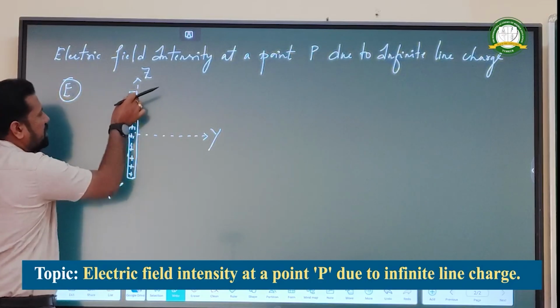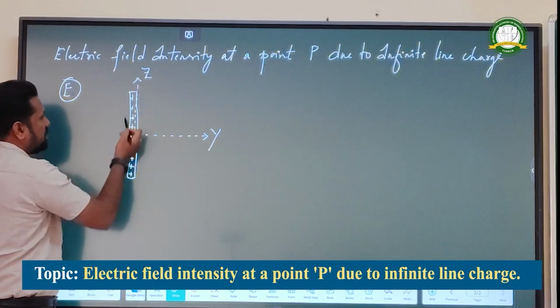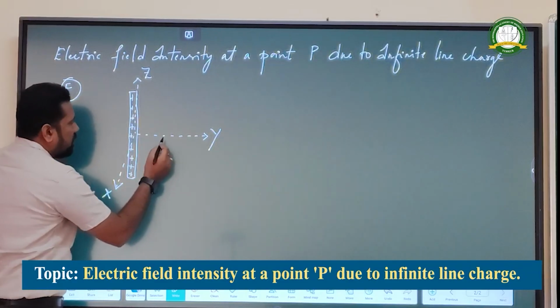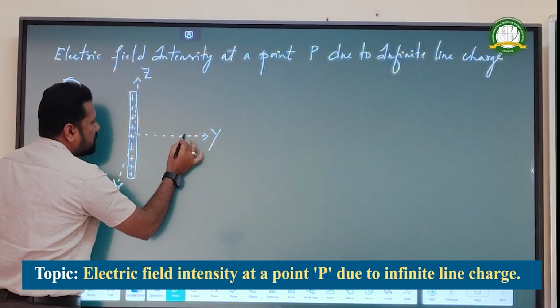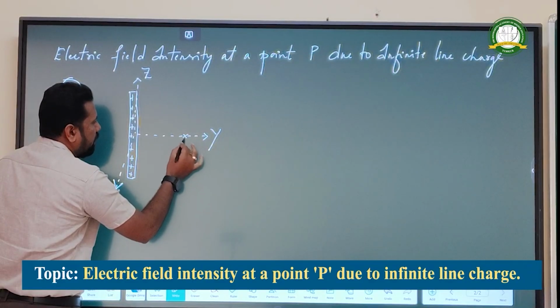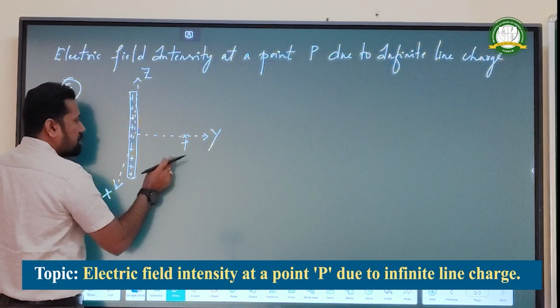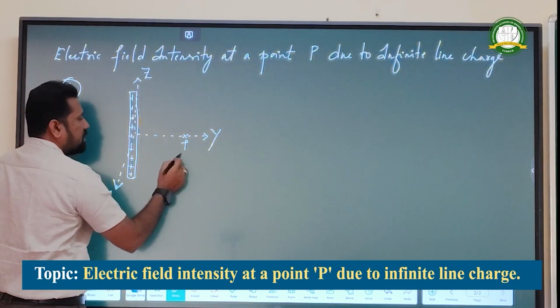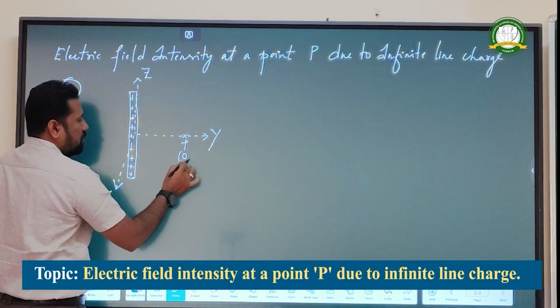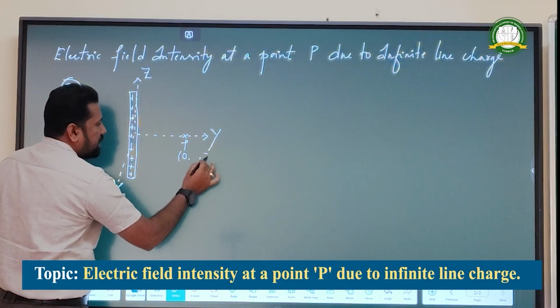So the infinite line charge is placed along z-axis, and the point P, let us assume it is located on y-axis. So if you place the point P on y-axis, then the coefficient of x-axis is 0 and the coefficient of z-axis is 0.